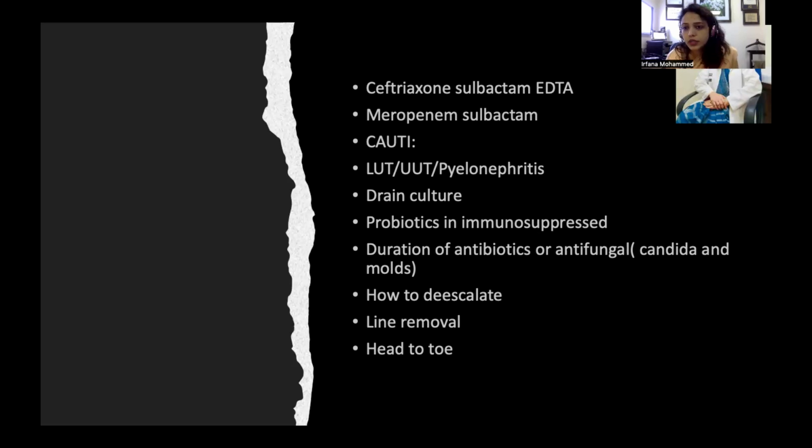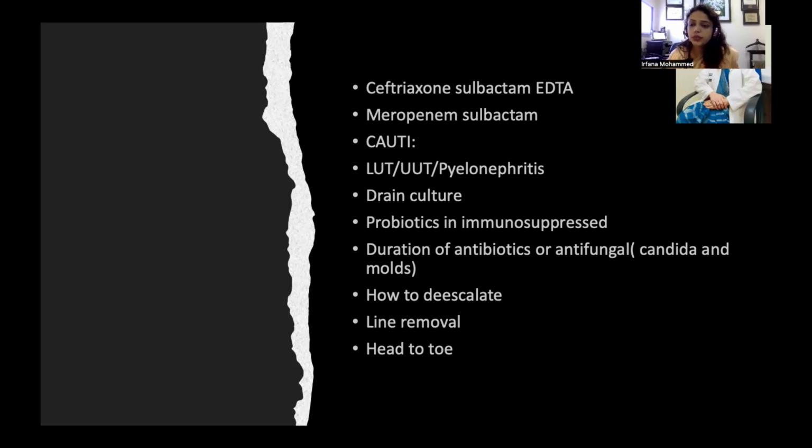Then line removal. If there is a central line growing some bacteria, it is a CRBSI with documented DTP, with clinical features and everything. Always try to see whether you can remove the line for source control, especially if the patient is hemodynamically unstable and the patient is having virulent organisms like Staph aureus, candida growing from the blood culture, from the line.